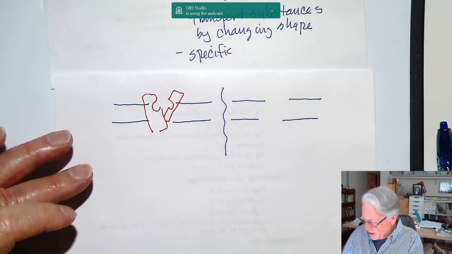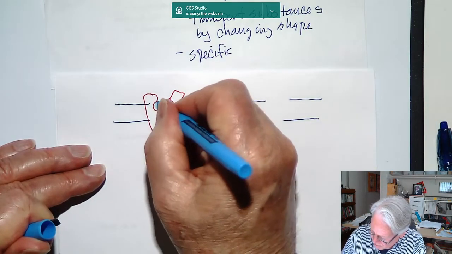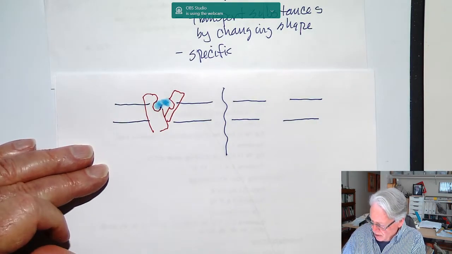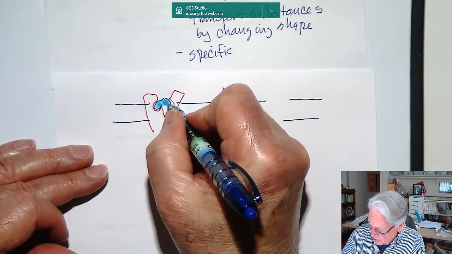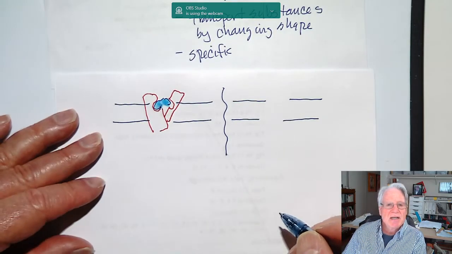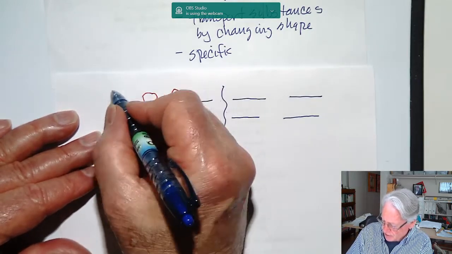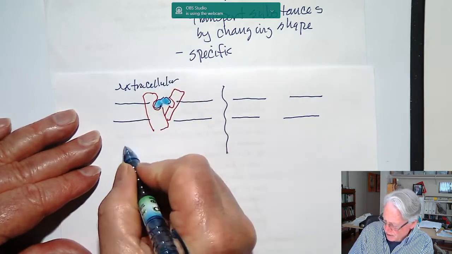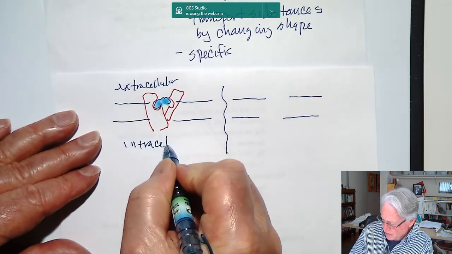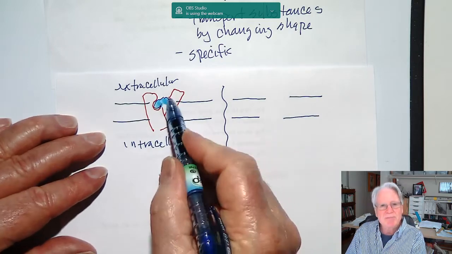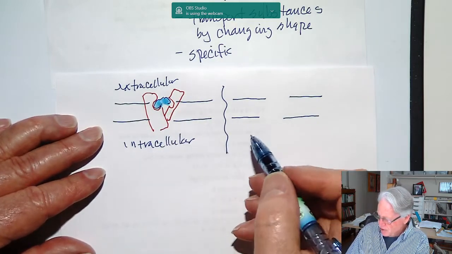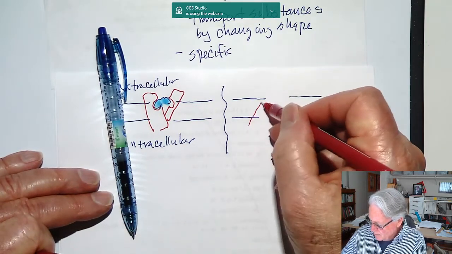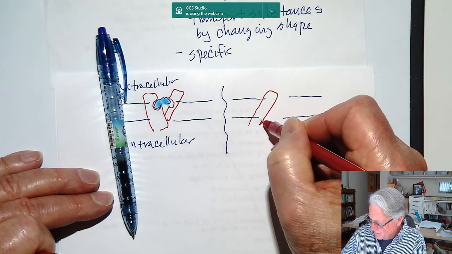And what we're going to do is we're going to capture something that is exactly that shape. Okay. So that this is what we're transporting, okay, and it fits into that. And so let's just say this is extracellular, and this is intracellular. Now, once that binding takes place, then what you're going to see is that protein will change shape. And I've made this particularly difficult for myself.